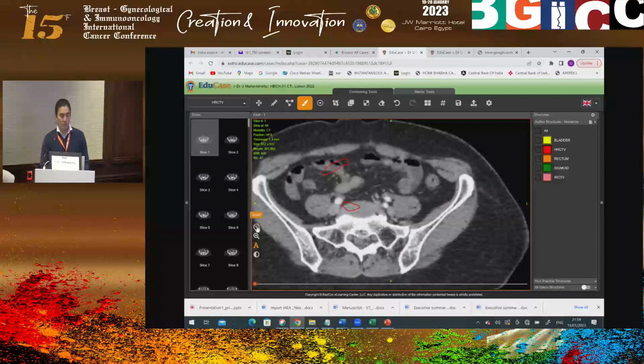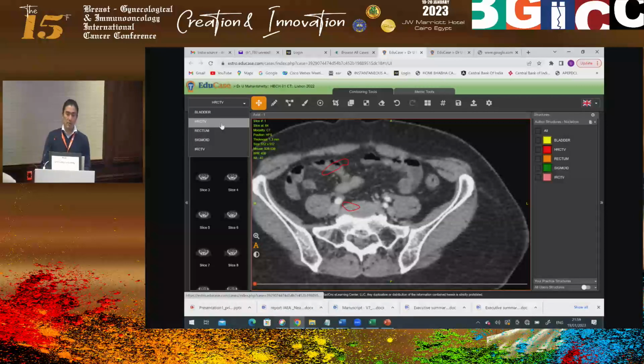You can use the brush size from here. And if you want to erase, there's an erase button that will erase your last things. So high risk CTV over here, on a drop down list, you use high risk CTV.